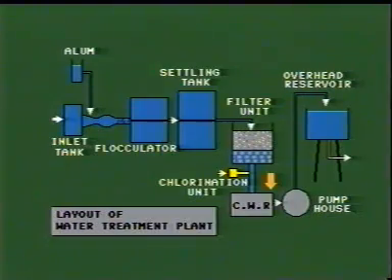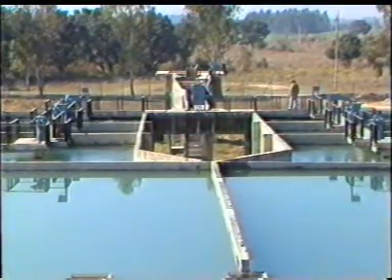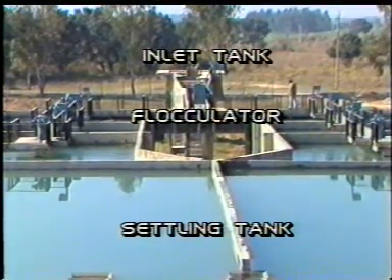The water after disinfection passes on to the clear water reservoir, from where it is pumped to the overhead reservoir for distribution to the public. Let us take a look at the treatment works.